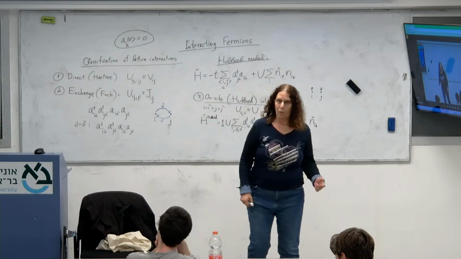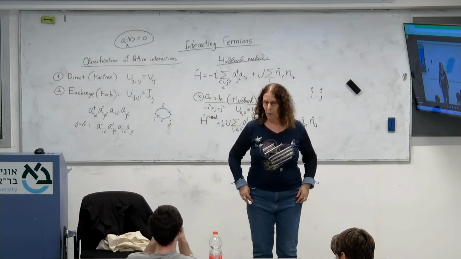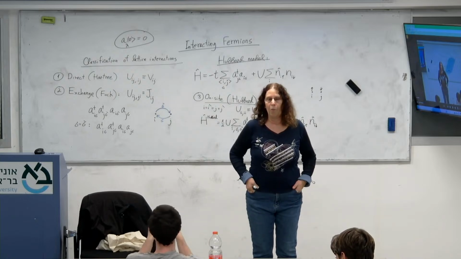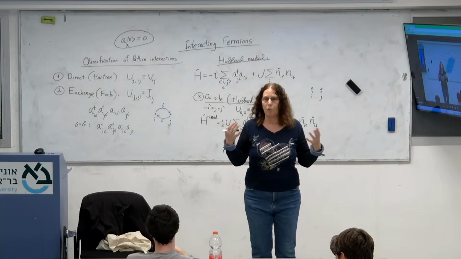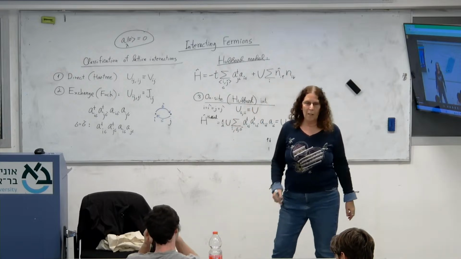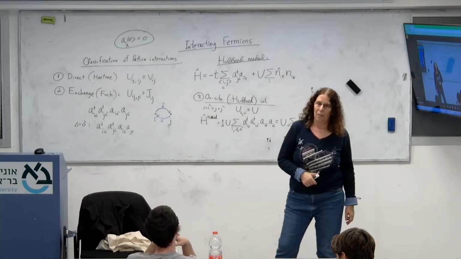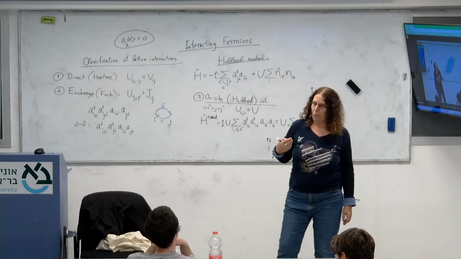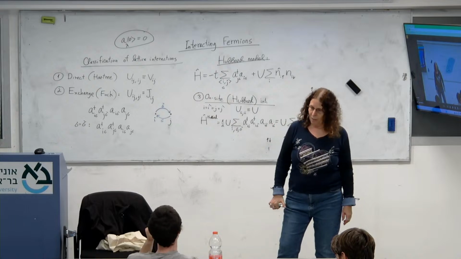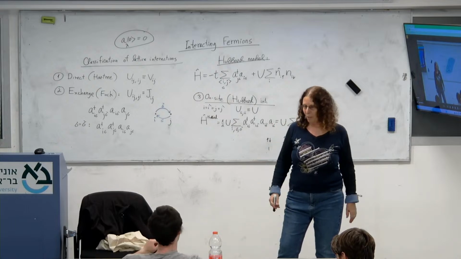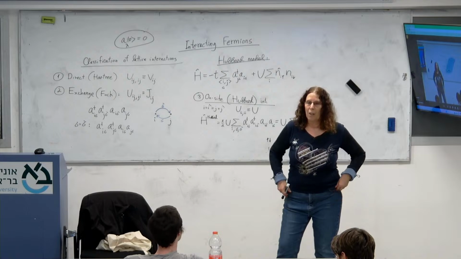Then you can show that it favors this. So there is, in fact, an effective exchange energy, but once again, it all comes down to the Pauli principle, which prefers antiferromagnetism for the same repulsive interaction.